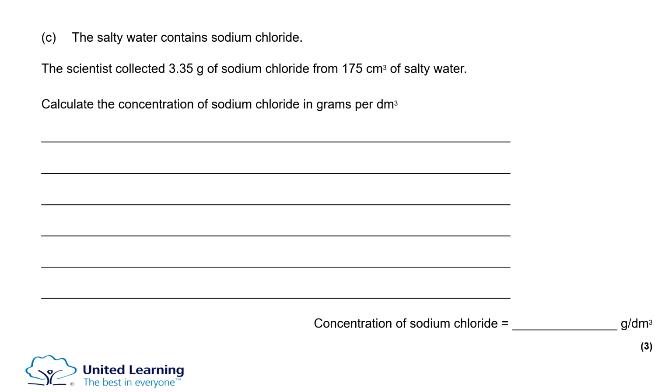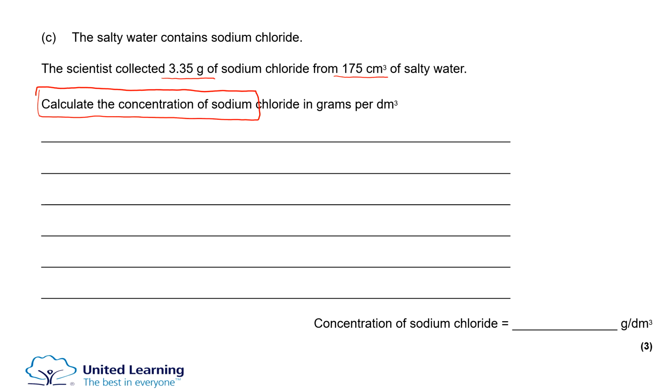So box off the command. It's asking us to calculate the concentration, so we know which variable we're calculating. The scientists collected 3.3 grams, that's got to be the mass, of sodium chloride from 175 cubic centimetres. Anything cubed means it's 3D, so that's got to be the volume of water.